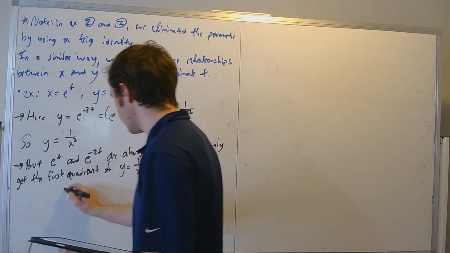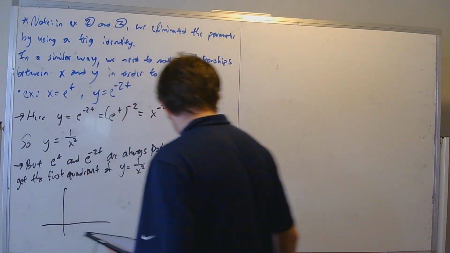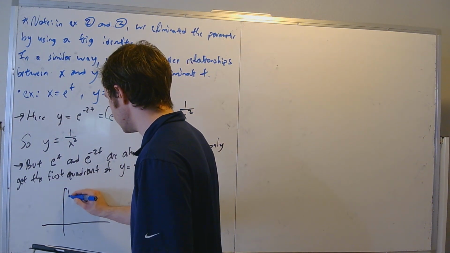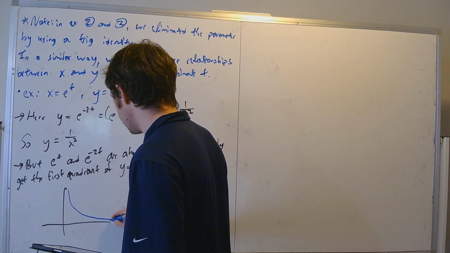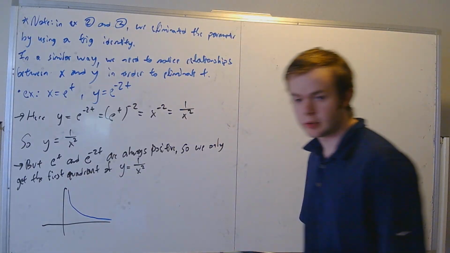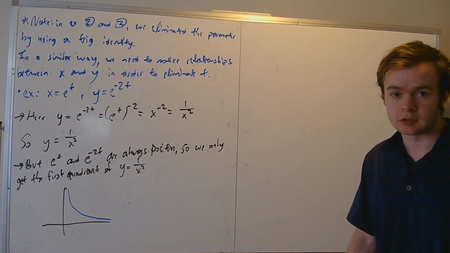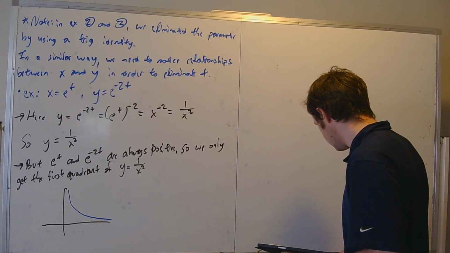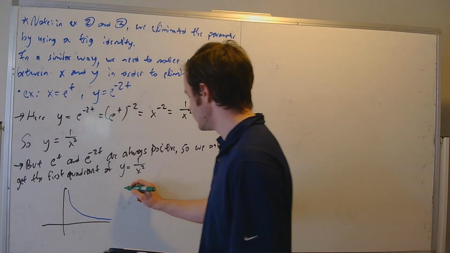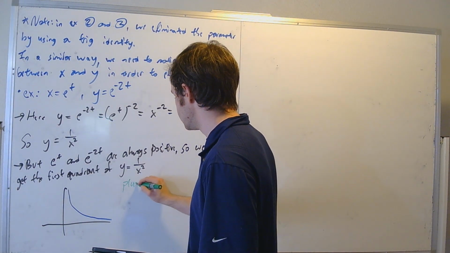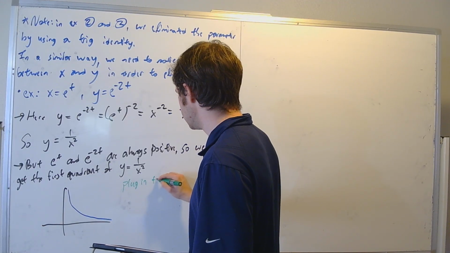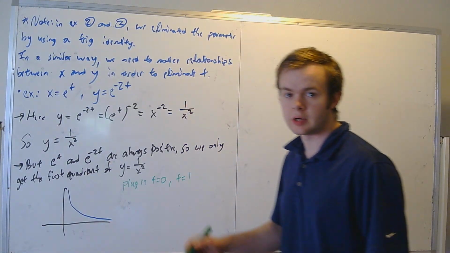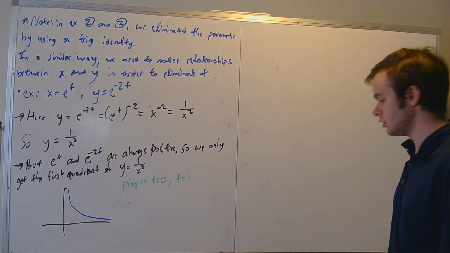So let's look at our graph. We're only looking at the first quadrant, so we know the first quadrant looks kind of like this. And we need to establish what's the direction in which we're moving. So to establish a direction, we're going to plug in t equals 0 and t equals 1, just to see what happens when we move from t equals 0 to t equals 1.